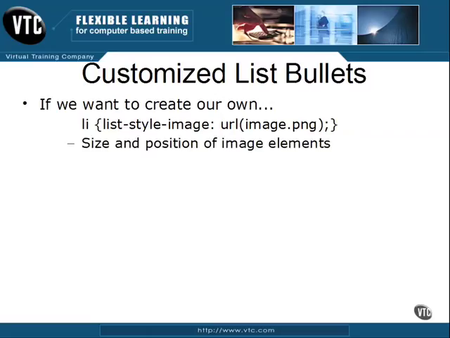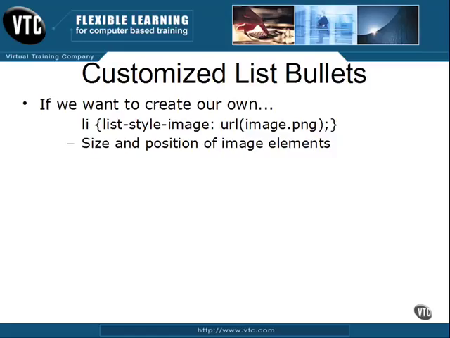When you're creating your images inside of your graphics application, you will need to take into consideration the size and the position of your image elements that you will be using as your bullets. The reason why is because we're not going to have any control over how your bullets will be displaying using this method.